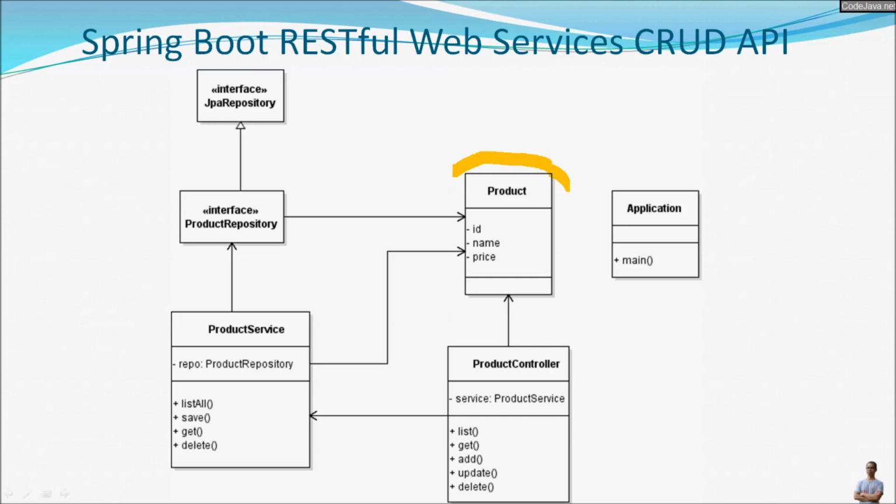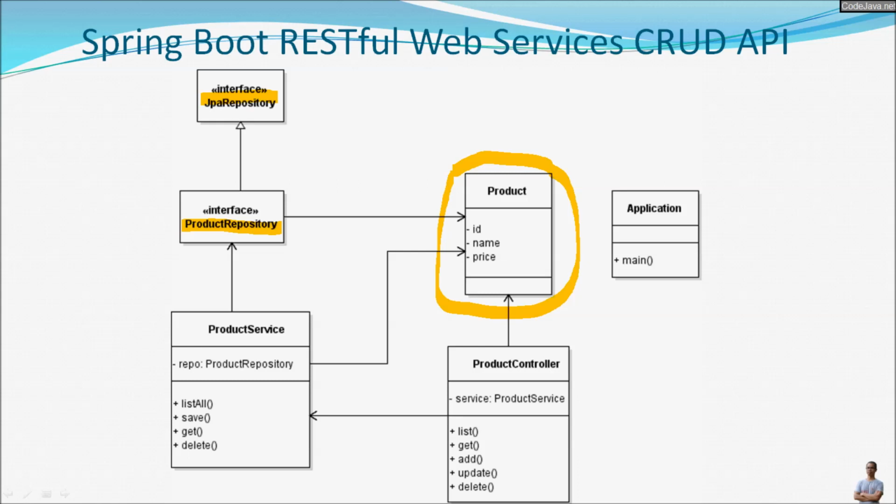So we need to create a domain model class Product to map with the table product in the database. And in the data access layer, we declare a repository interface, ProductRepository, that extends the JPA repository interface to simplify the data access layer.